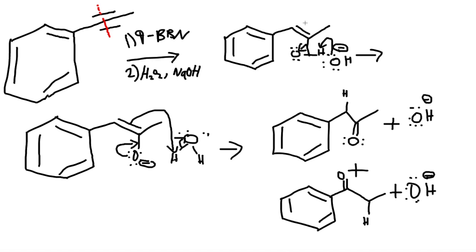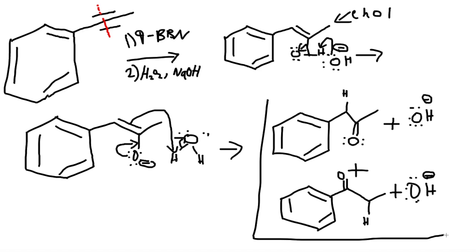From this, we started with its enol, done the mechanism, and shown the products. And so from this, we have our final answer. Again, when we have terminal alkynes, we would form an aldehyde. If we have internal alkynes, we would form a ketone. And this is only for base catalyzed tautomerism.